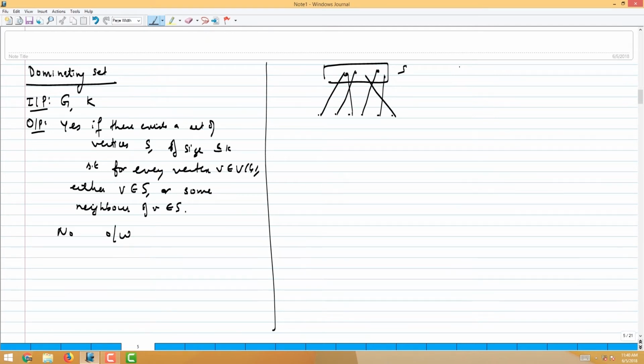Or in other words, you know this concept of a closed neighborhood of a set. The closed neighborhood of a set is nothing but the union of the neighborhoods of all the vertices in S, including S. So if S is a dominating set, what is the closed neighborhood of S?